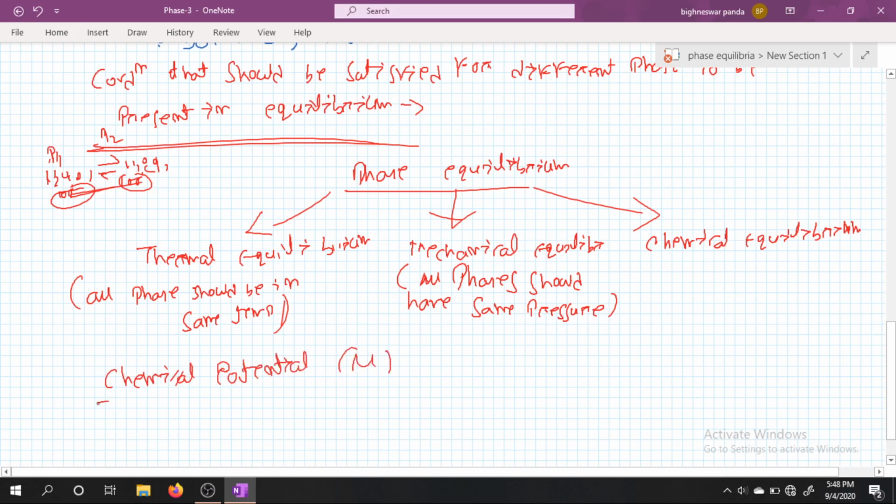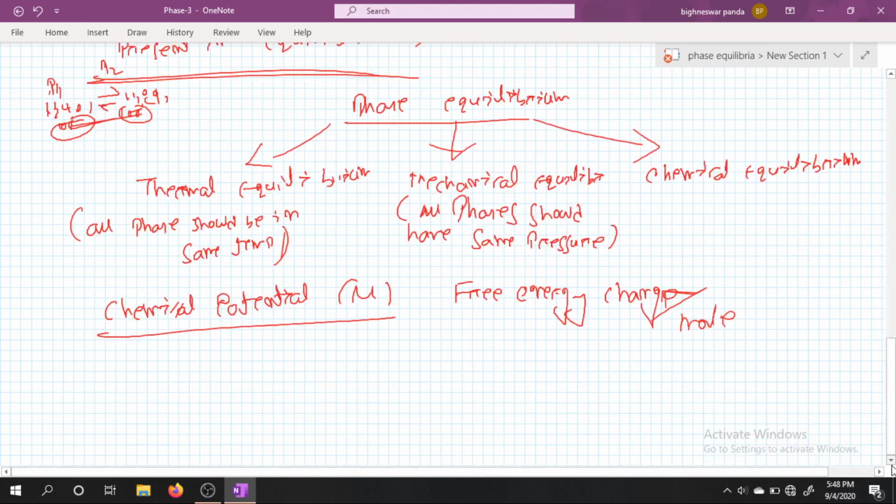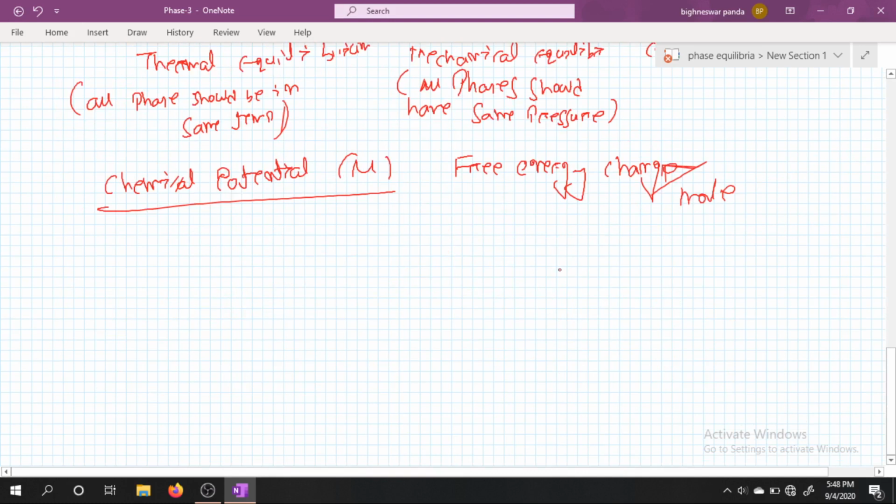It is free energy change per mole. It is defined as free energy change per mole. That means, why is chemical potential important?